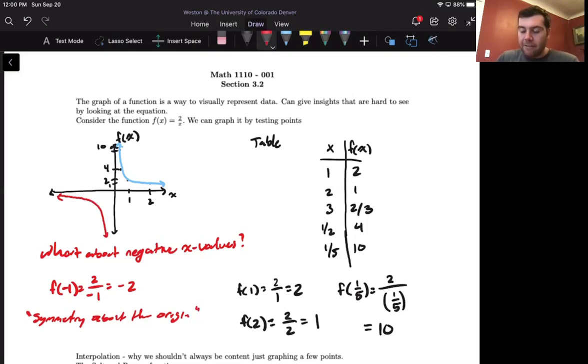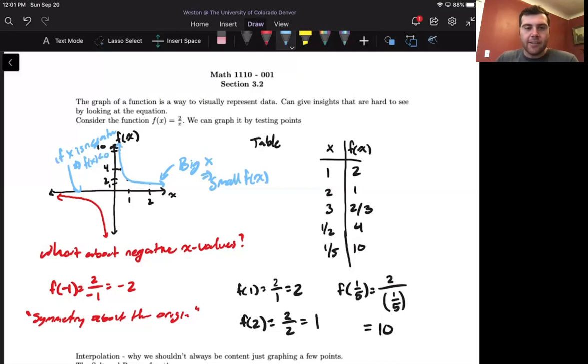When we have the graph, we can see that if x is negative, that implies f of x is negative. Big values of x give us small values for f of x. And that's really all there is to graphing.